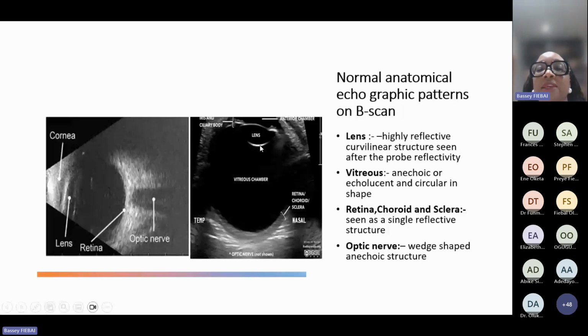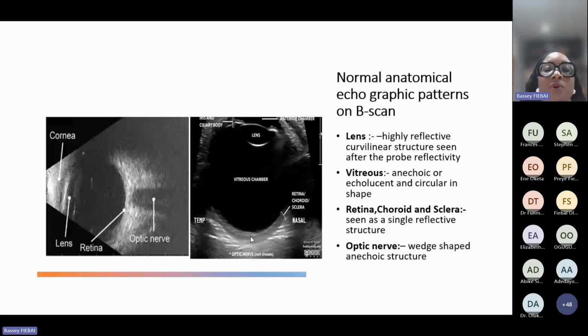Then you have the anechoic or echolucent vitreous chamber that is circular in shape. Then the retina, choroid, and sclera appear as a single complex, a single structure, which is highly reflective. The sclera actually has the highest spike, and it's about 100%. So every other spike that you see on the A-scan is described in relation to the scleral spike.